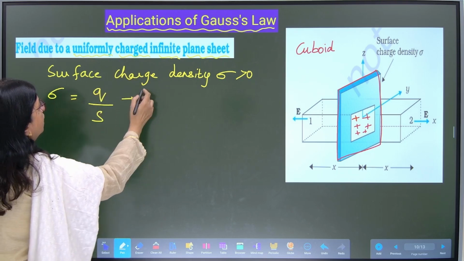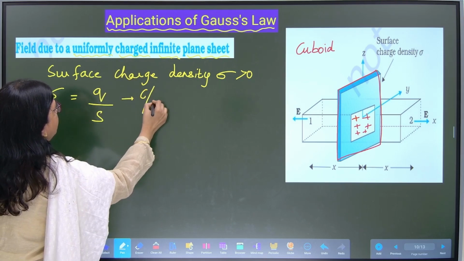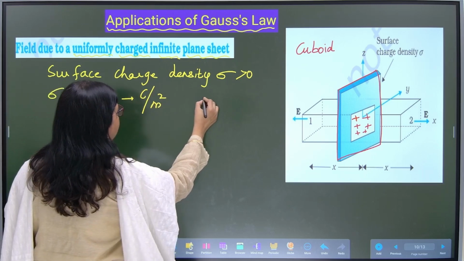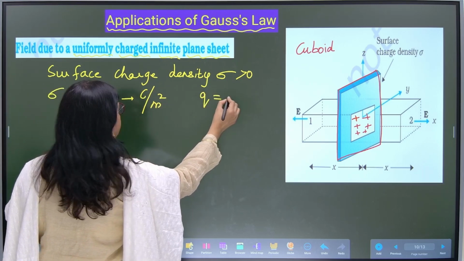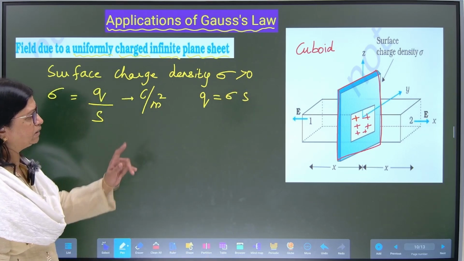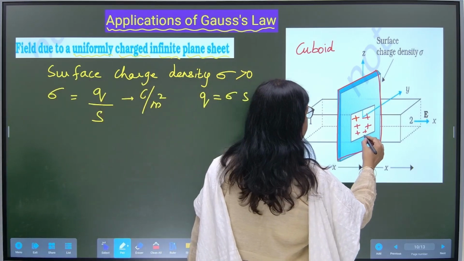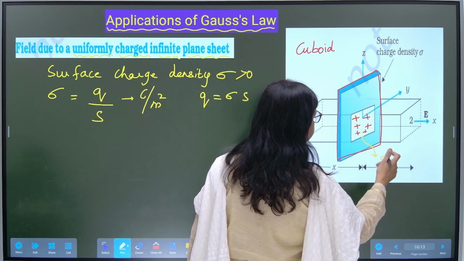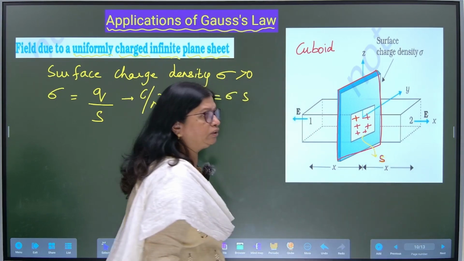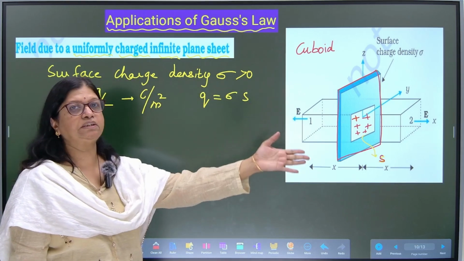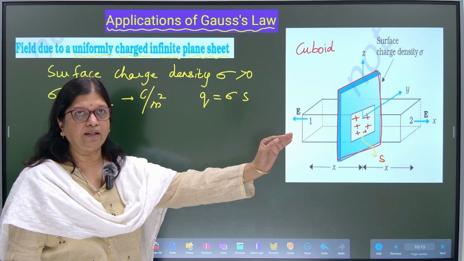So its unit is coulomb per meter square, such that we can write Q is equal to sigma S, where S is the area of the portion of sheet through which the cuboidal Gaussian surface has passed.